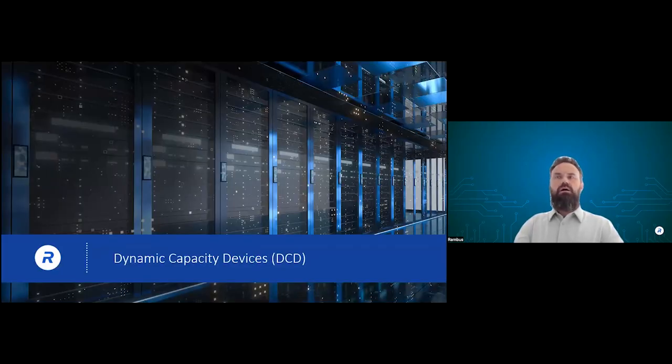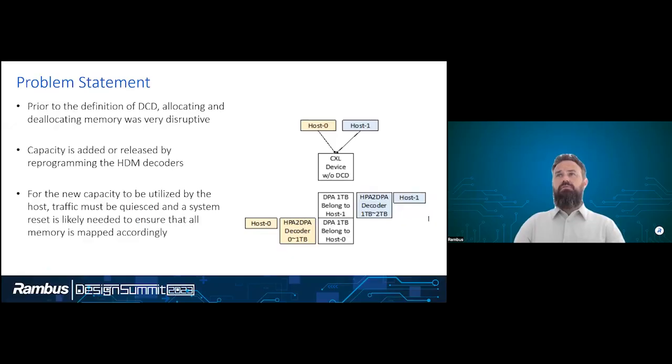So now let's dig into some new capabilities that have been added, and in particular the DCD capability framework, which, as I mentioned before, is going to bring some additional composability into the memory subsystem. So what is the problem that DCD is trying to address? Prior to the definition of DCD, allocating and deallocating memory is very disruptive.